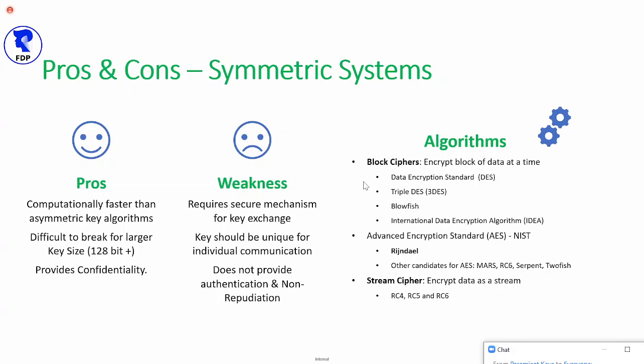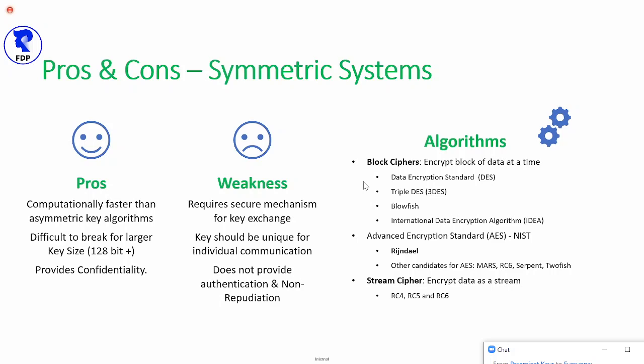So that was a call for an algorithm which is mathematically strong, provides very good encryption, and is usable in software as well as hardware use cases. There were many candidates: MARS, RC6, Serpent, Twofish, and a few others also.